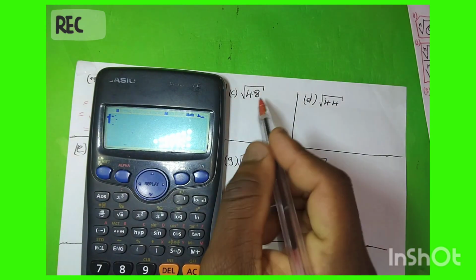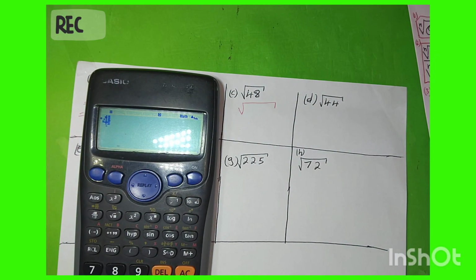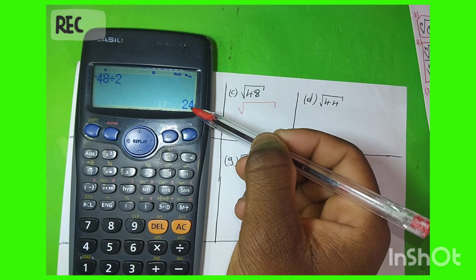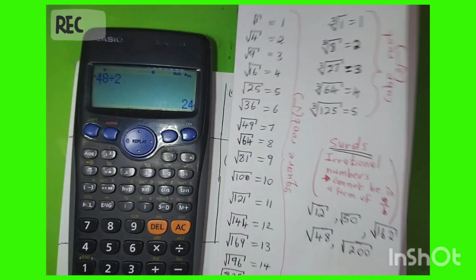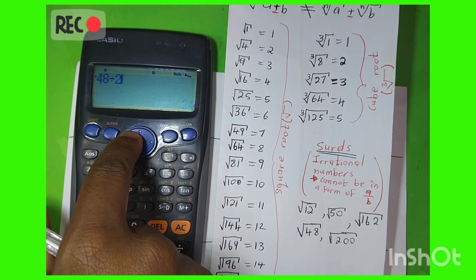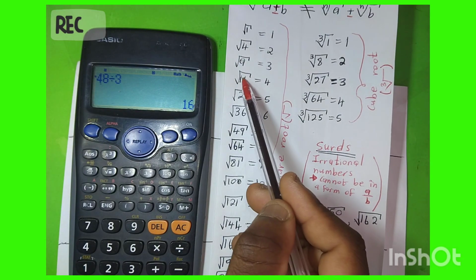For this one, I should introduce a perfect square. Let's say 48 divided by 2, meaning there I just get 24. And 24, guys, is not even a perfect square. We don't have 24 here. Do you see? And now let's try 3, meaning that we'll get 16.